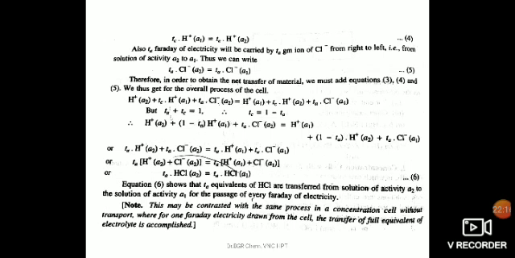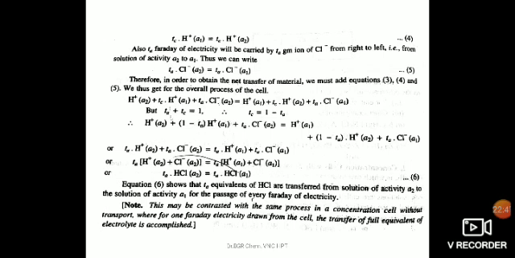The equation can be reduced again to Ta H plus A2 plus Cl minus A2 giving rise to Ta H plus A1 plus Cl minus A1. H plus and Cl minus at the left refer to activity A2, and H plus and Cl minus at the right refer to HCl of activity A1. That is how we can write Ta into HCl A2 giving rise to Ta into HCl of A1. Call that equation 6.